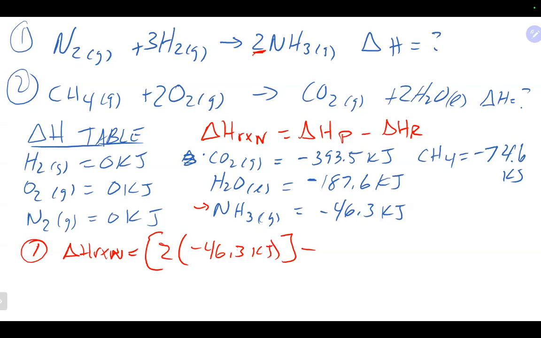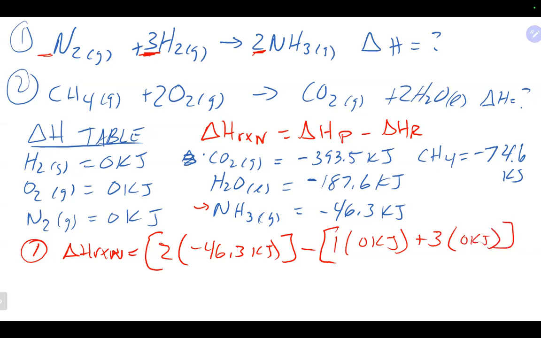We then are going to subtract it from all the reactants that are added together. In this case, we have one N2, and the value of N2 is 0. So that makes it pretty easy. You really don't need the 1 there, but I'll put it there so you understand. Here is the 3 for the coefficient times the value of H2, which is also 0.